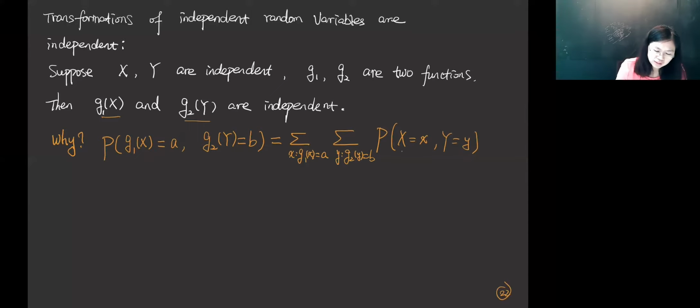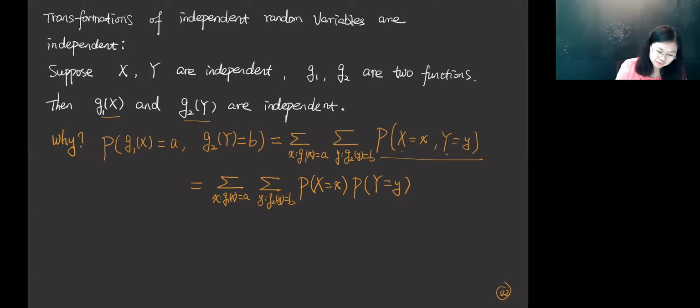Notice that if x and y are independent, then this joint PMF satisfies the product rule. So that should equal, the summation doesn't change, the probability that x equals little x times the probability that y equals little y.